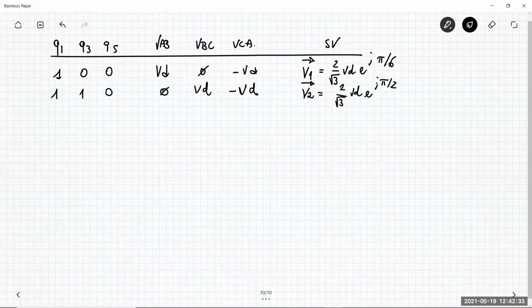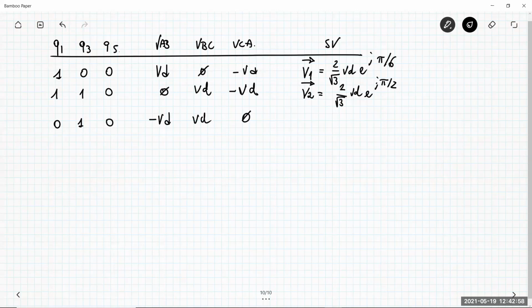This is another fixed space vector, not rotating, but in a different position with respect to V1. So let's go further with this combination. It means that only S3 is on, then you have S4 and S6 which are on. You can get negative VD, VD null.